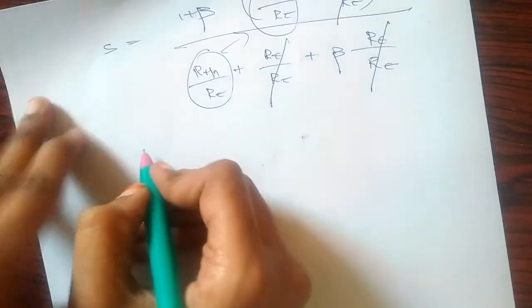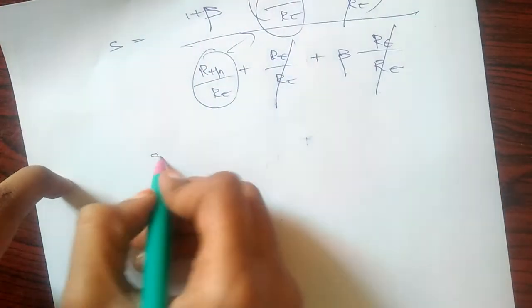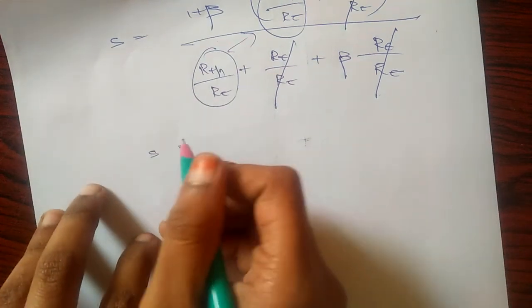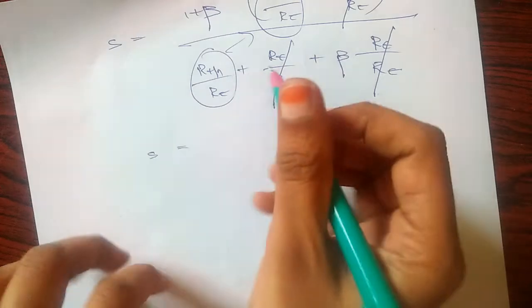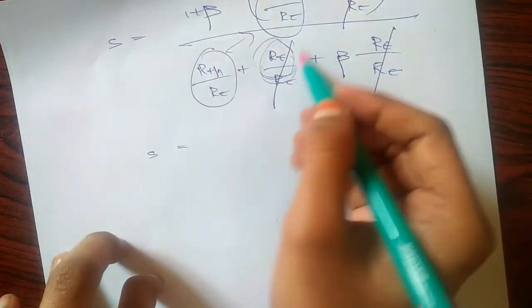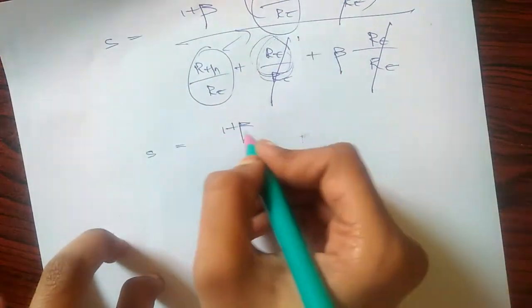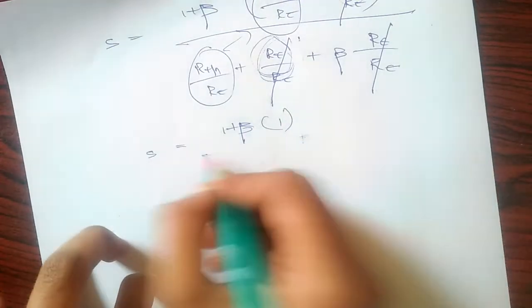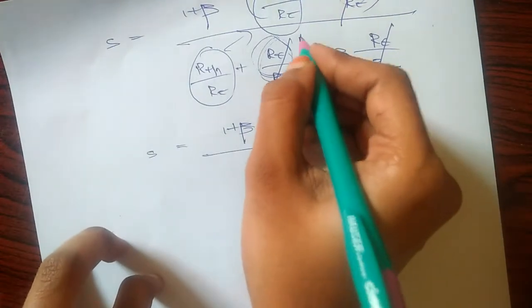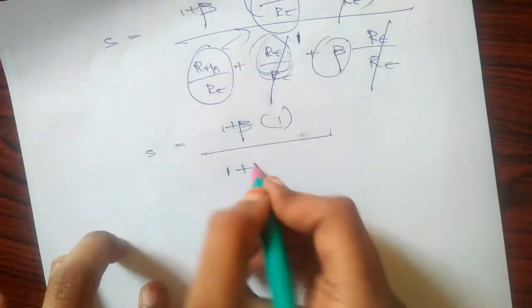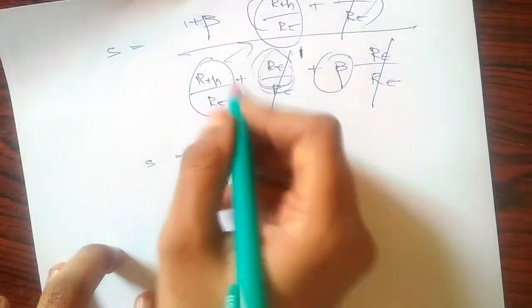Then we have S is equal to 1 plus beta by 1 into 1, since RE by RE is 1 and the beta term is also 1 times beta.